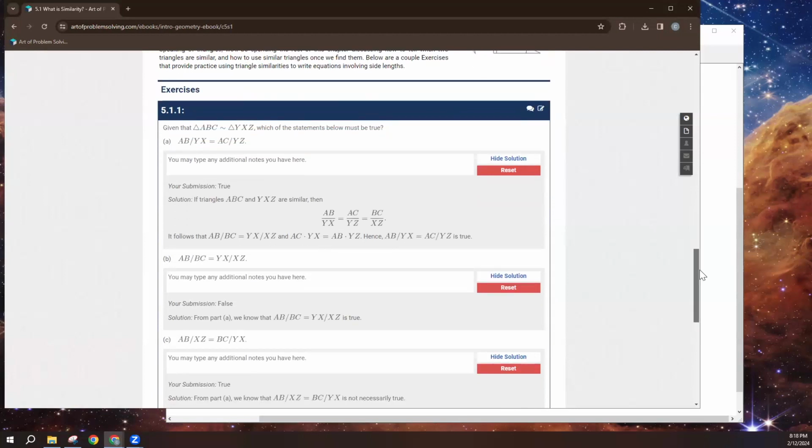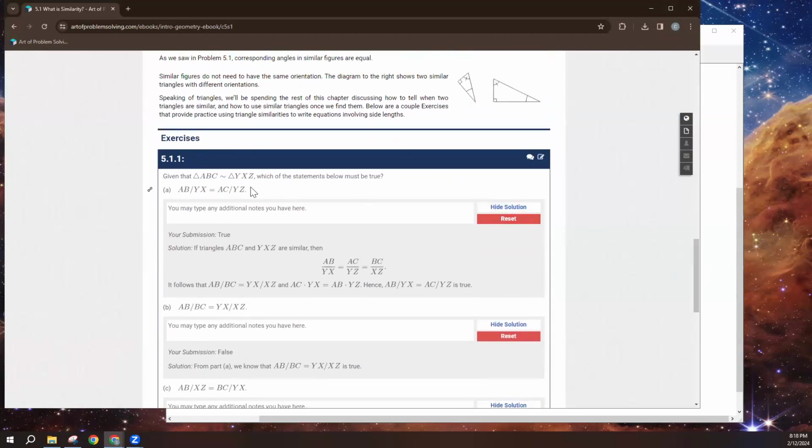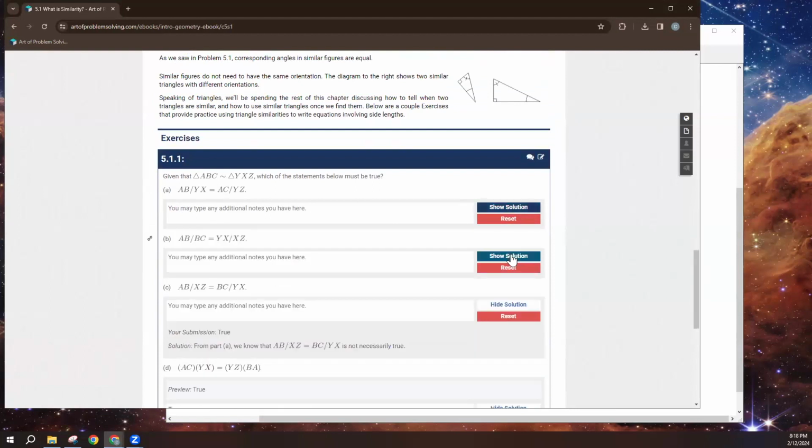Let's see here. Why don't we try a couple of examples here? Does your textbook, do you guys have a paper copy of the textbook, or do you have the digital one like mine? I have both. You have both? What about Nancy and Melanie?